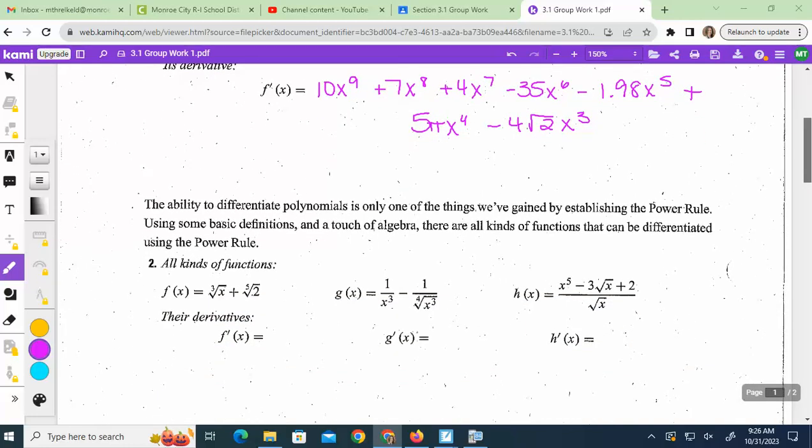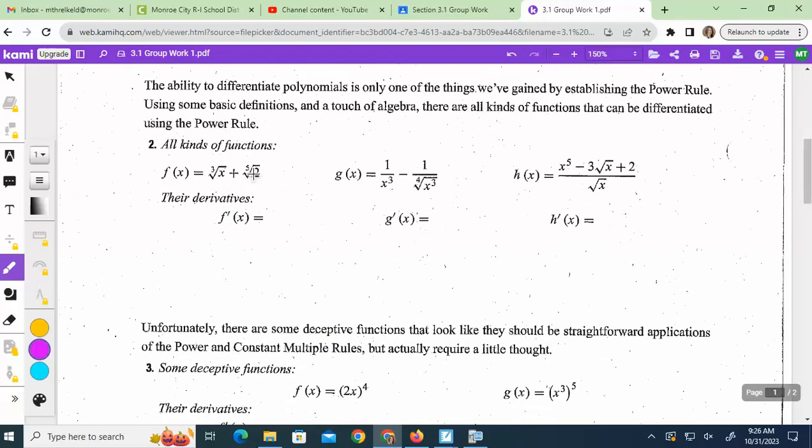Alright, let's look at this one. We have some different kinds of functions, so you need to rewrite them before you can really do your derivative. A cube root is a 1/3 power. Does it really matter if you rewrite this one? No, because it's a constant. What's the derivative of a constant? 0. If you did rewrite it, it's 2 to the 1/5, but it shouldn't matter.